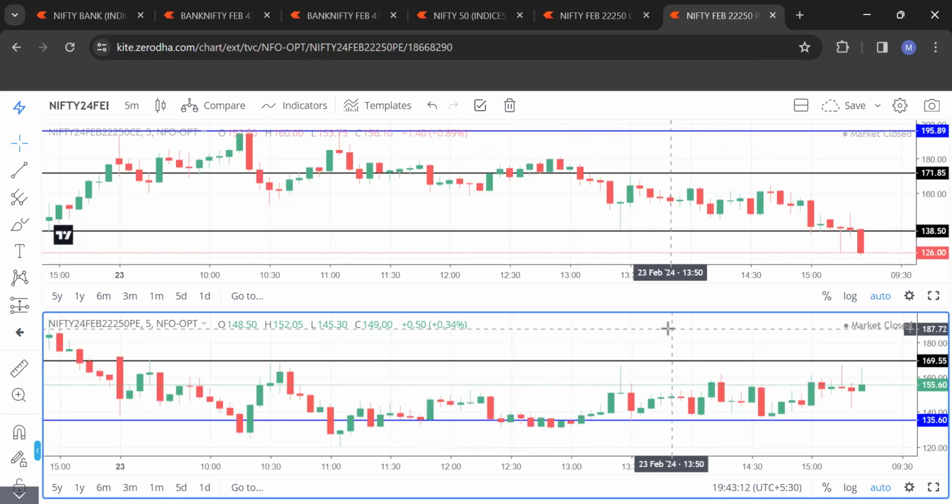See this, beauty. It respected. Just see the difference between Nifty and Bank Nifty. This perfectly respected that, and the other didn't.